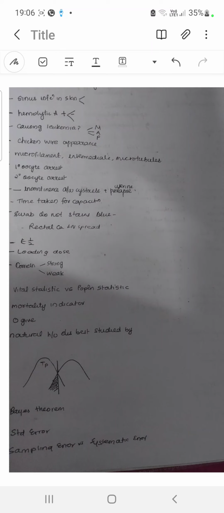Standard error is the variation of the sample mean from the population mean. Sampling error versus systematic error: systematic error is bias, sampling error is random chance.